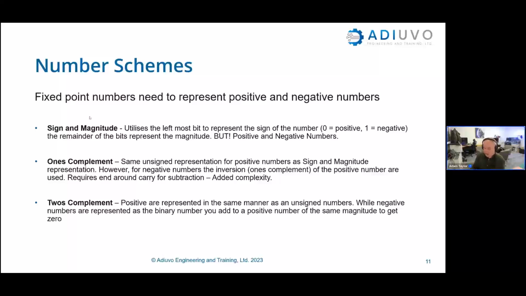We could use ones complement, but again, that causes us a problem with subtraction, because we have to do an end-around carry, which adds complexity. So by and large, most of the FPGA languages that we use represent signed numbers using a twos complement scheme. And that makes it really simple to do.